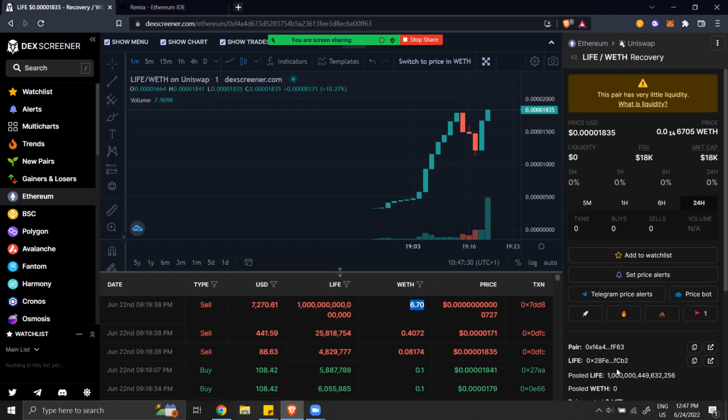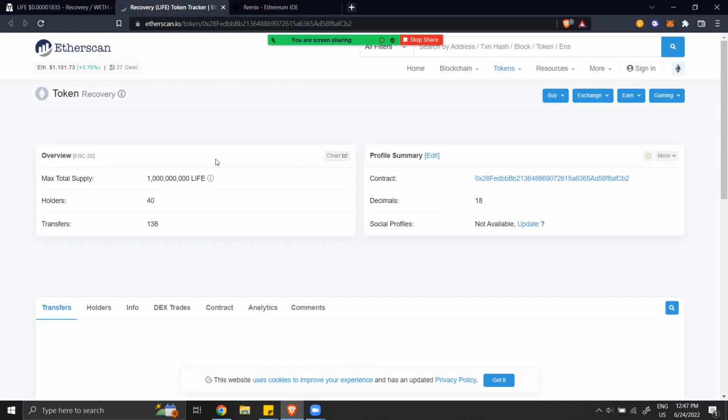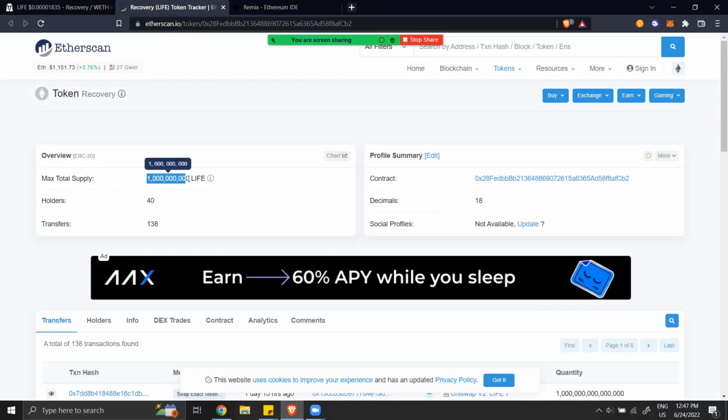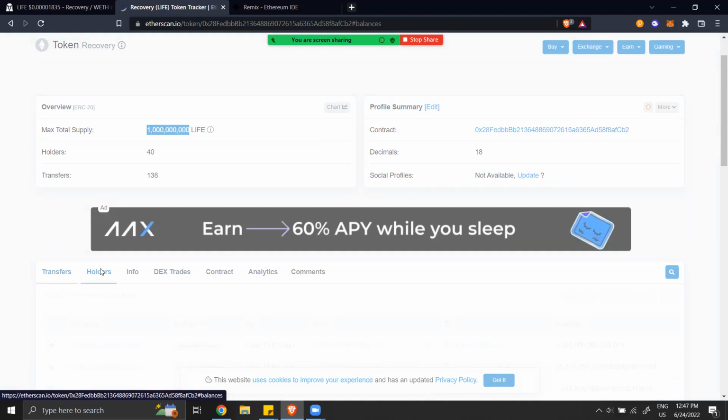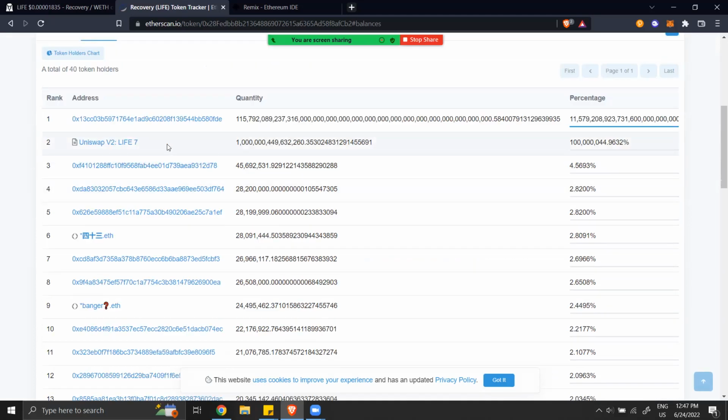We will have a look at the code to understand what happened. So we go here, we arrive on the Explorer. This is the total supply of LIVE tokens. And we have a look at the holders repartition. Oh, we see something very strange.